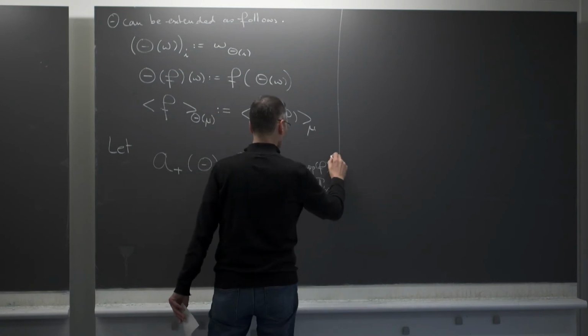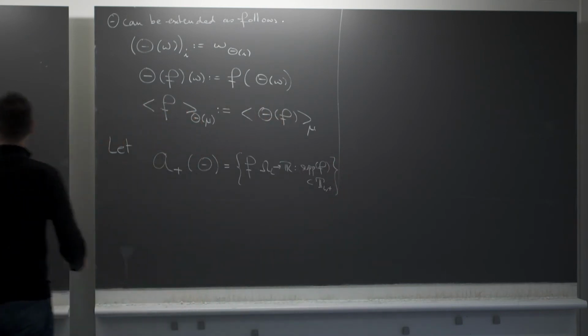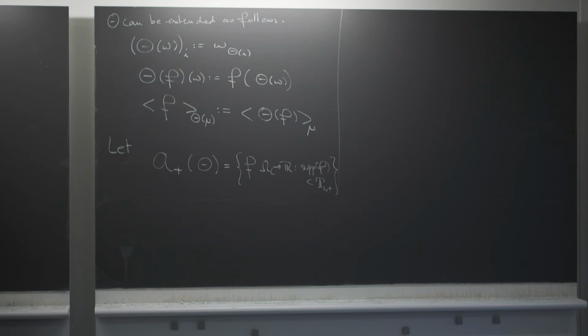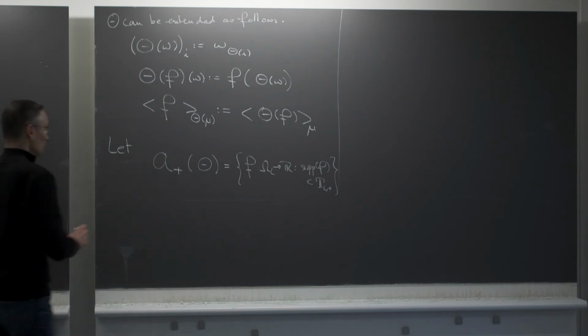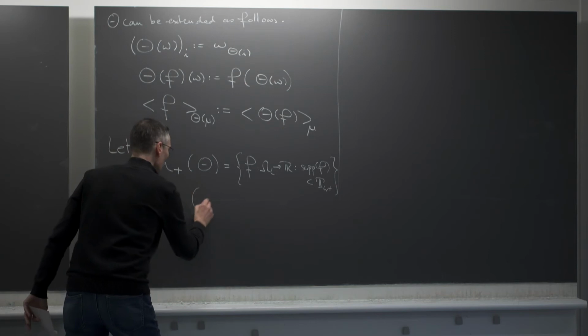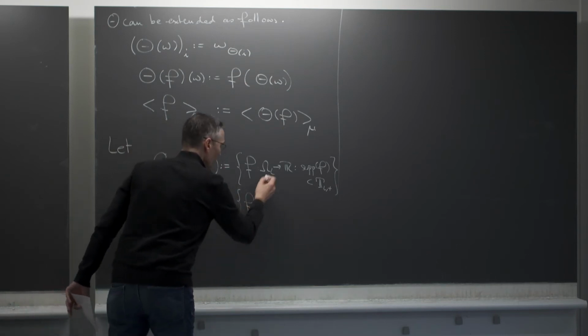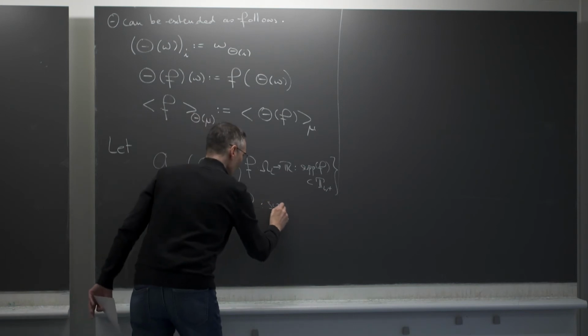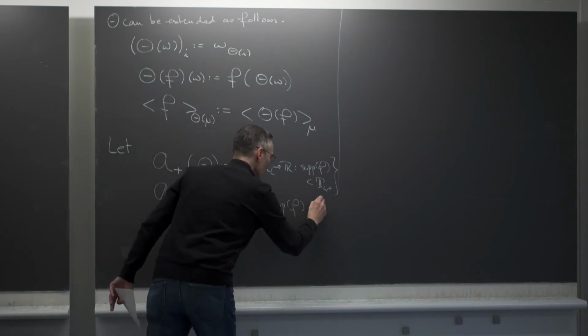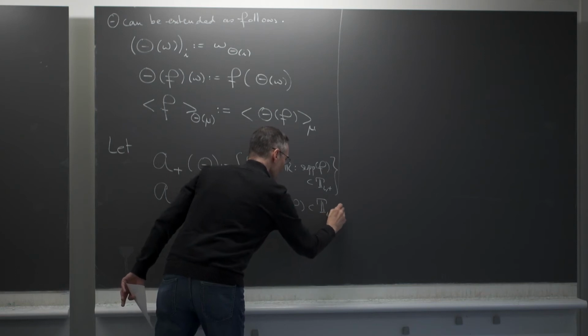So a function which is in A plus theta is a function whose support is in the positive part of the torus with respect to this particular reflection theta. And the function living here would be in the algebra A minus, so A minus theta will be the set of all functions, same thing, which have a support included in T L minus.